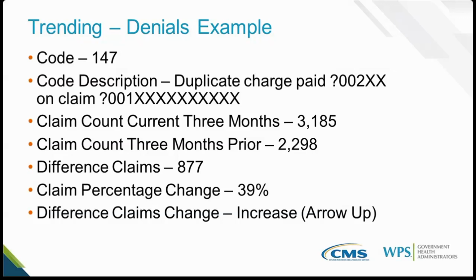It also shows me that the 3 months prior was 2,298. So the difference in claims is 877. The claim percentage change is 39%. And then the last column, when I look at this dashboard, is an arrow that points up or points down.